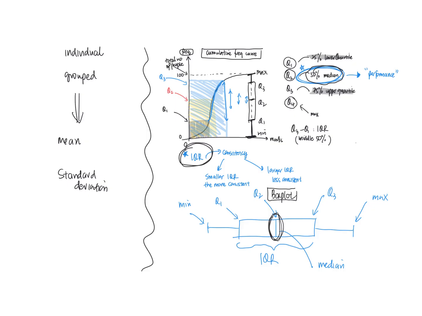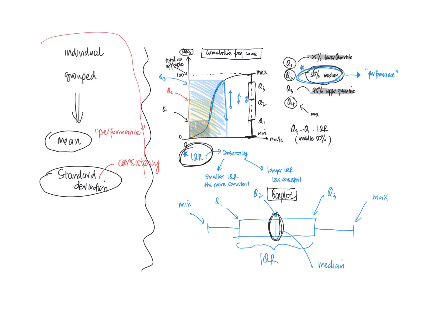But for individual data or group data, we calculate mean and standard deviation. But they work the same way. Mean tells you your performance, and standard deviation tells you your consistency. So you must use the right word for the right set of data. When we are here, you don't talk about median. We never measure median, we measure mean.